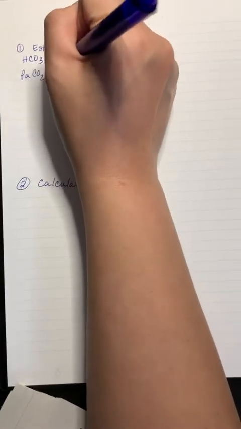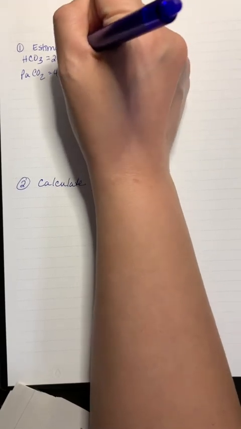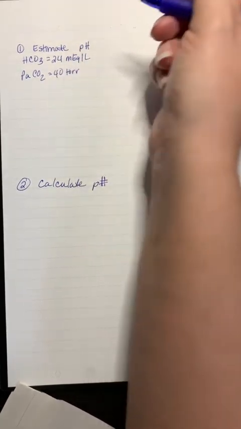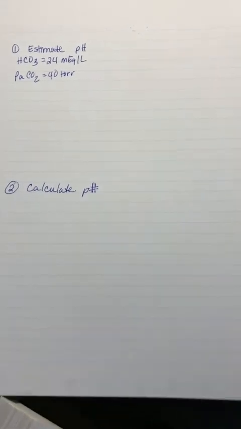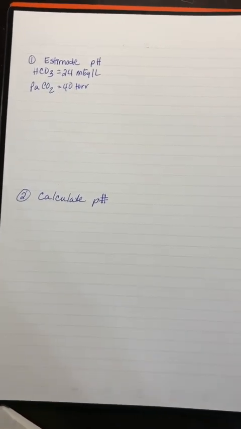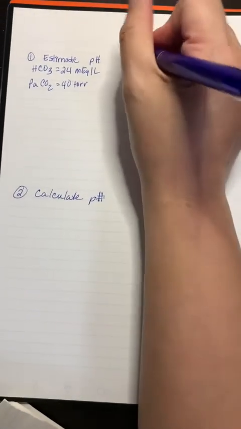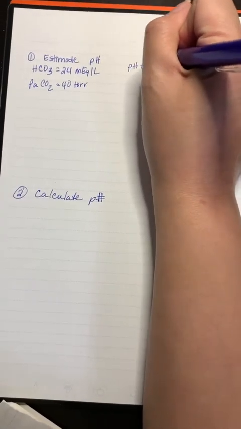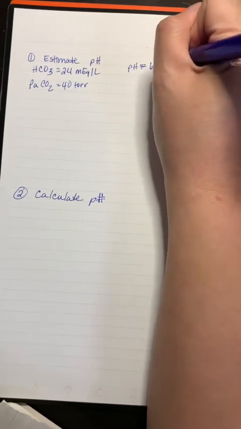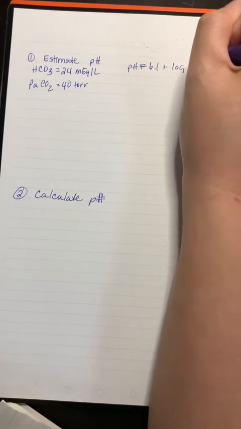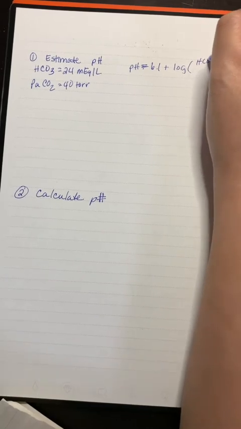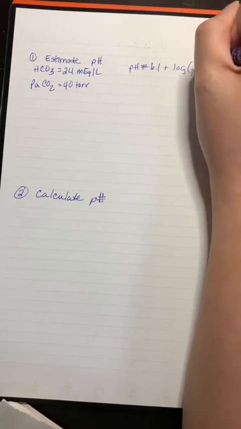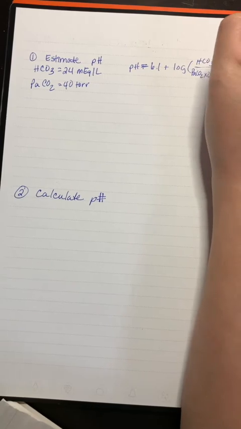So if your bicarb, HCO3, is 24, which is normal, and your PaCO2 is 40, which is also normal. According to the Henderson-Hasselbalch, we have to do this equation. pH is equal to 6.1 plus the log of bicarb over PaCO2 times 0.03.